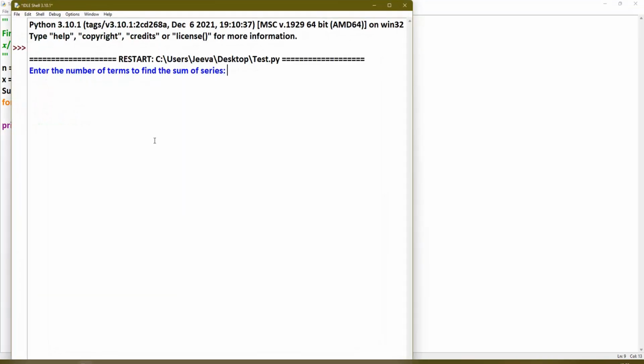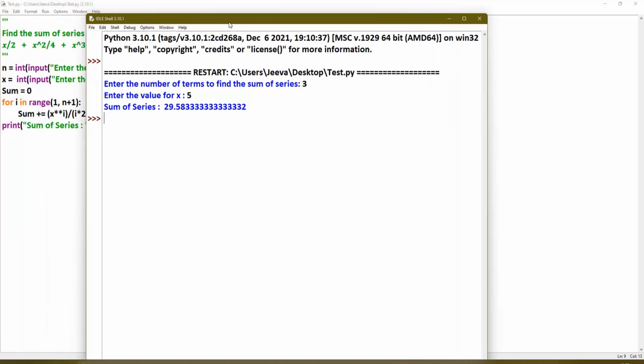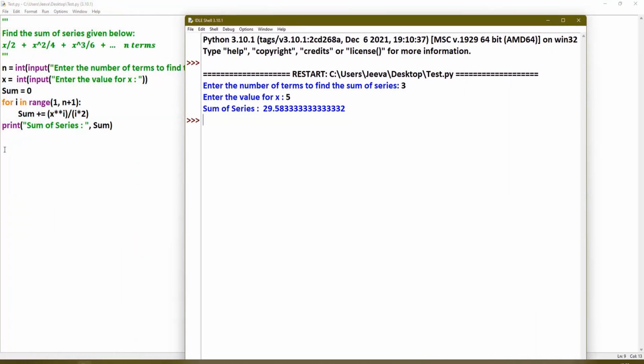Let me check now. I give 3 terms and then 5 is my value. I get 29.58333. Let me just check giving the values. 5 by 2 is 2.5 plus 5 to the power 2 is 25 divided by 4.